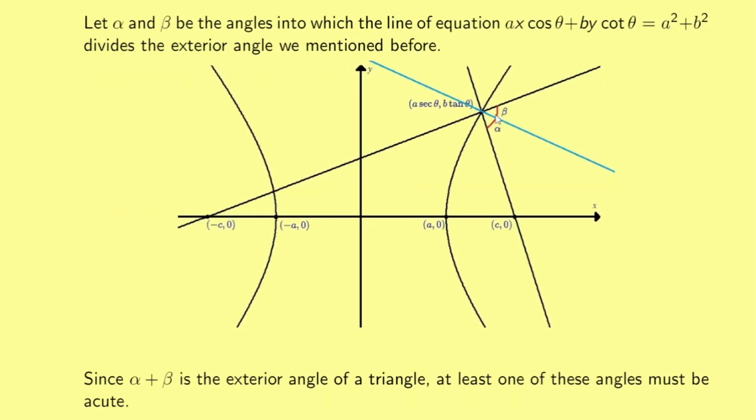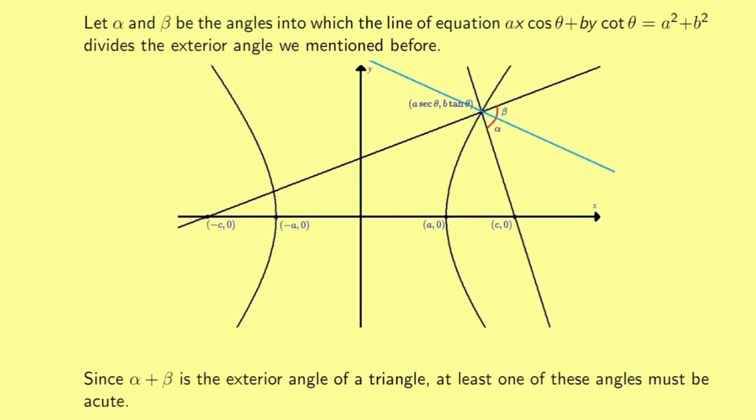Let's take a look at the drawing. Here I had two angles. So suppose this angle beta was acute, so the angle between the blue line, the normal line, and this line here, the tangent of this angle beta would be expressed by the formula we had before.